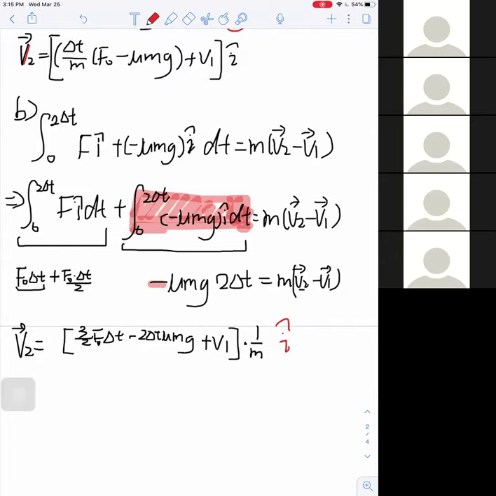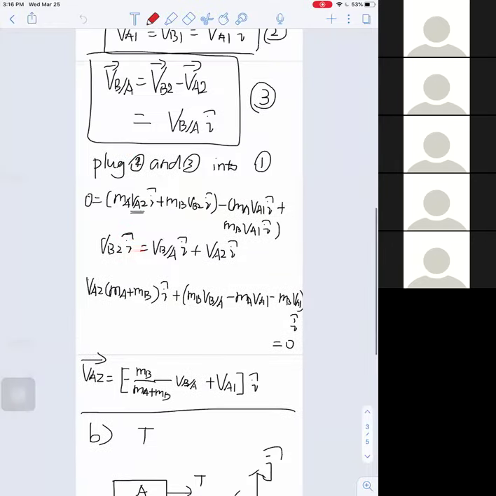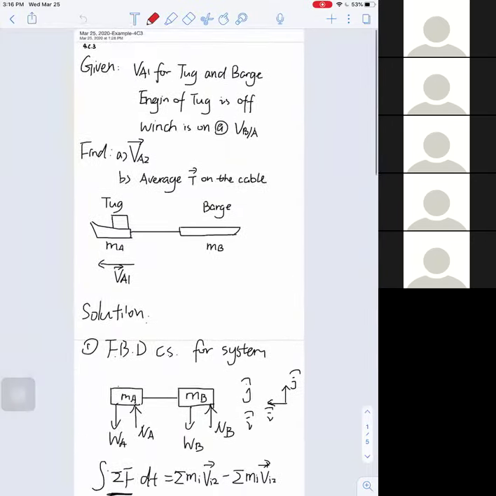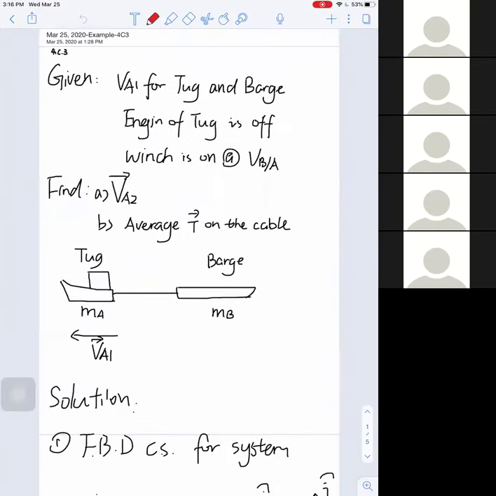Now, let's take a look at another example, which is force state 3. It's an example in your textbook. In this example, we have two boats: a tug and a barge.